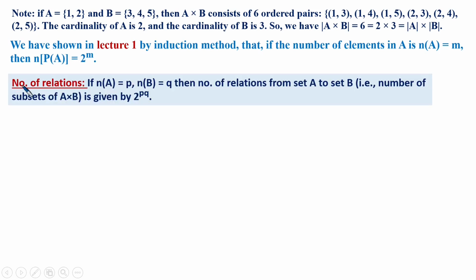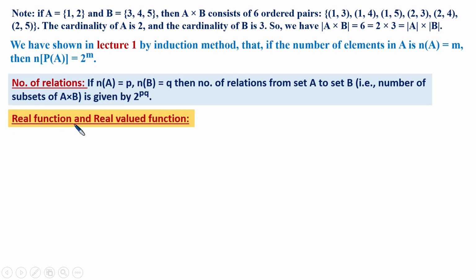So now one can say that if the number of elements in set A is P and the number of elements in set B is Q, then the number of relations from set A to set B, that is the number of subsets of A cross B, is given by 2 to the power P times Q. Here all combinations form a power set, so please see the definition of power set which we discussed in lecture 1.